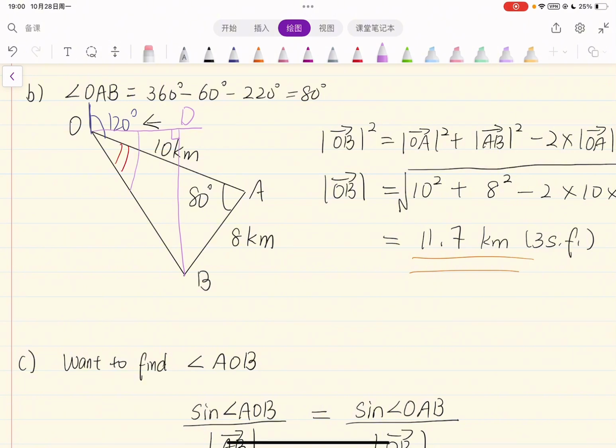Hence, we can express the length of OD and DB, since we know the length of OB is 11.7, as we get this answer from part B.